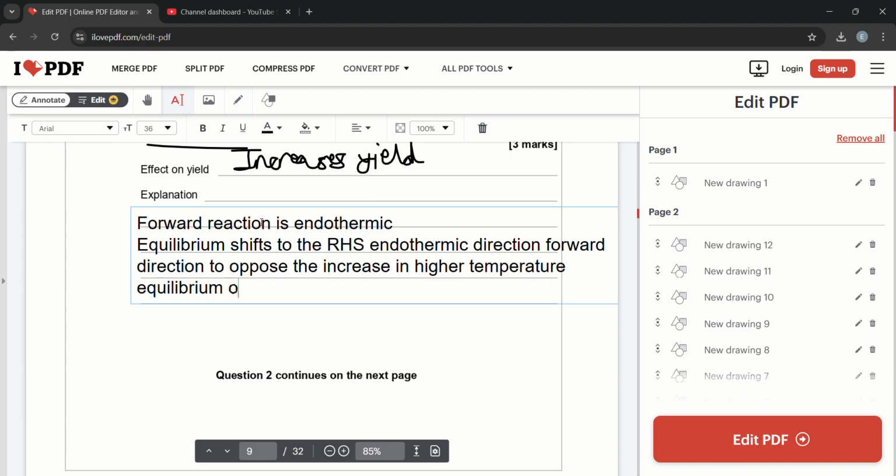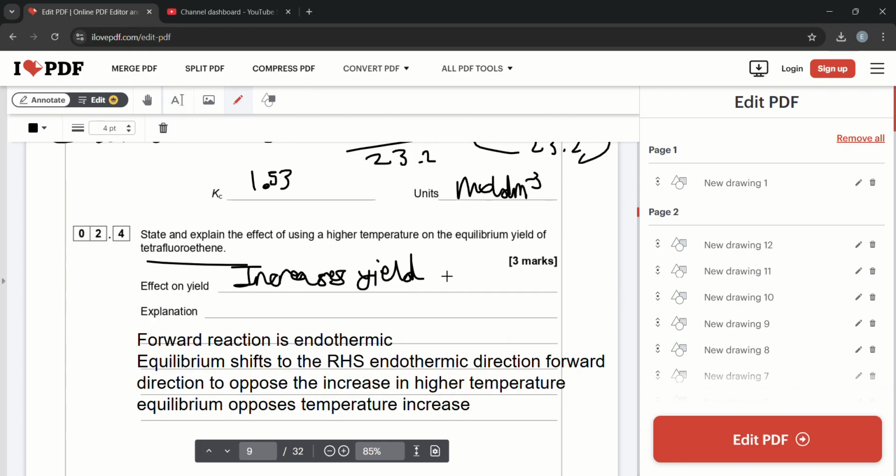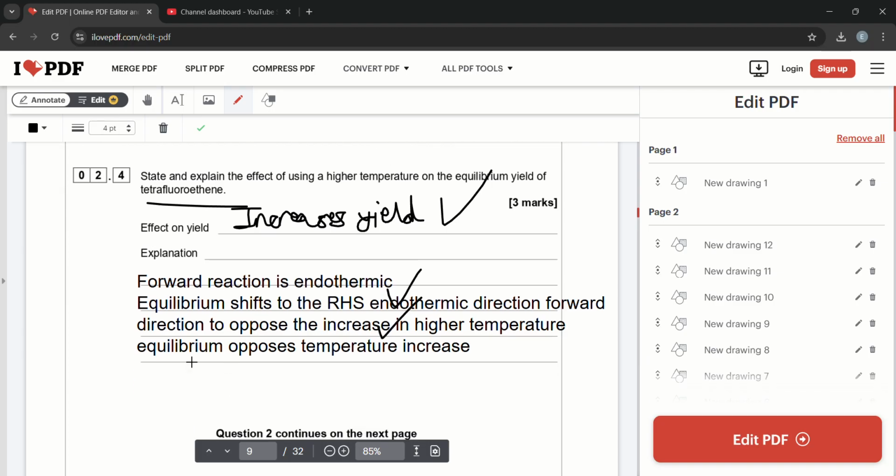Equilibrium opposes temperature increase. That should be enough for 3 marks. 1 mark for this, and then 2 marks for equilibrium shifts to right hand side, endothermic direction, forward direction opposes increase in temperature, hence equilibrium opposes temperature increase.